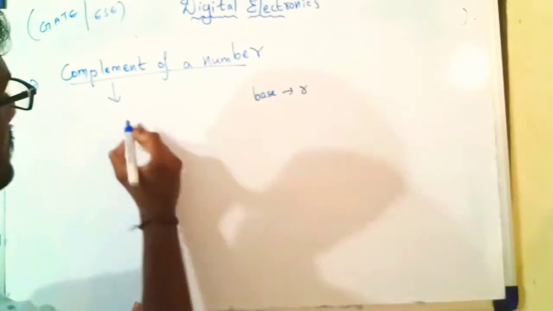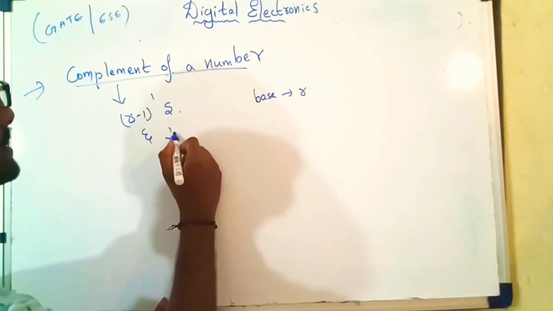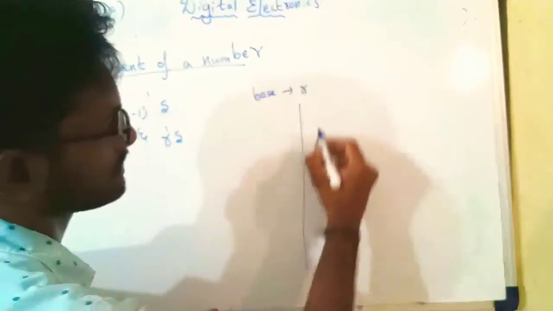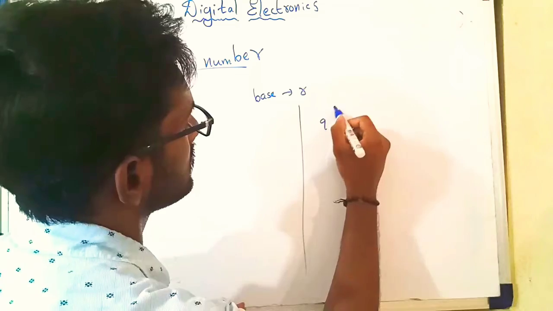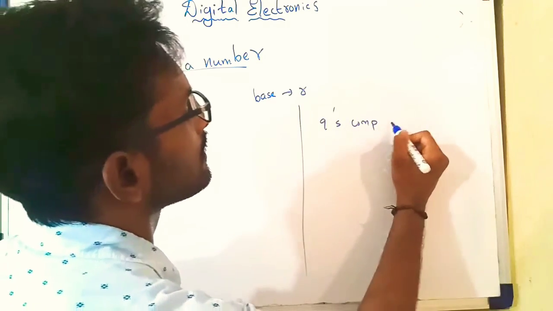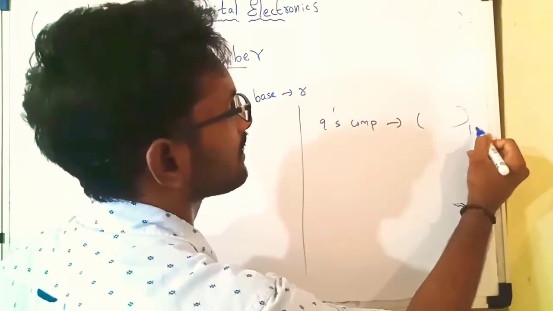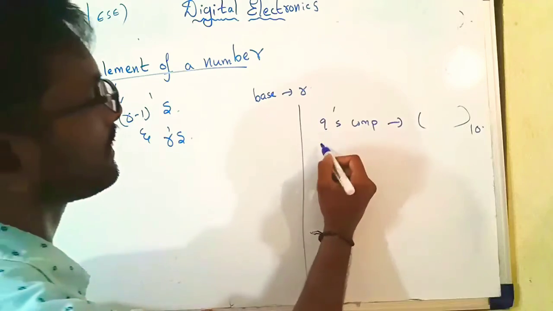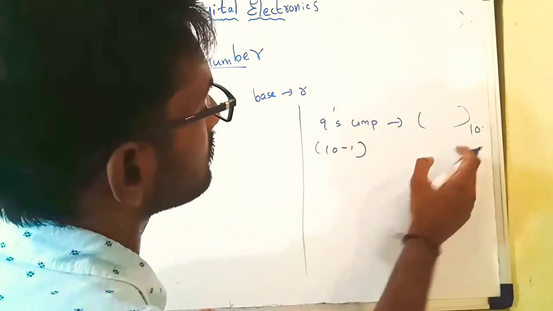For the base r, there will be two complements: r minus 1's complement and r's complement. If a question asks to calculate the 9's complement of a number, the number should definitely be of base 10, since r minus 1 is 9 when r is 10.